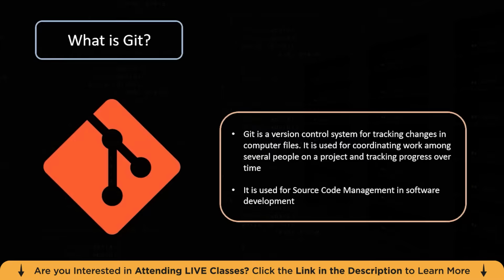So the complete status and the complete stats you will be able to get from this version control system. Now it's mainly used for source code management in a software development process or a particular team. So it's a very important and in fact a key tool for any kind of development project. So development cannot survive without having a Git version control system.